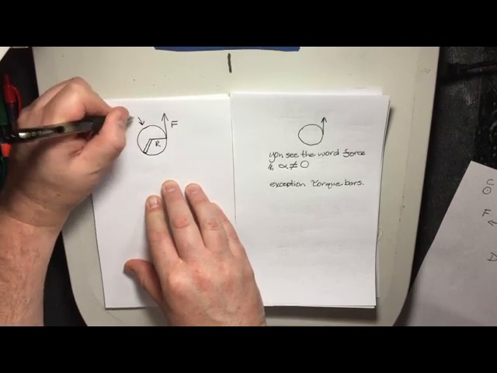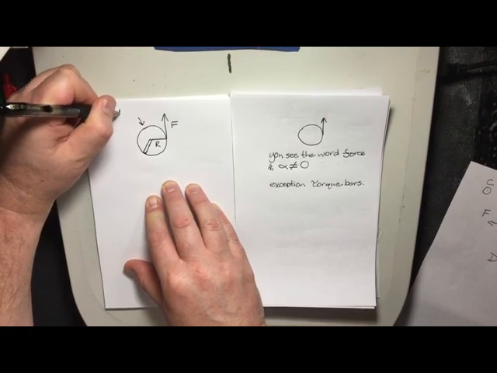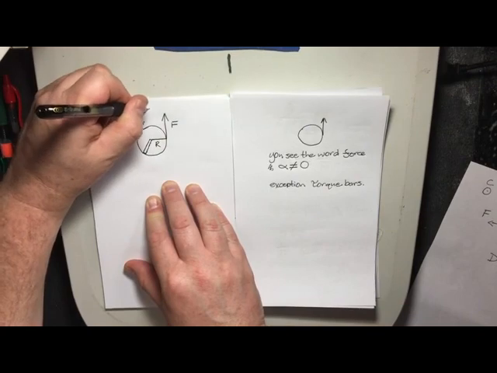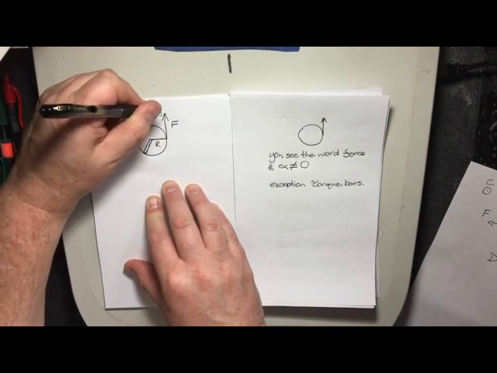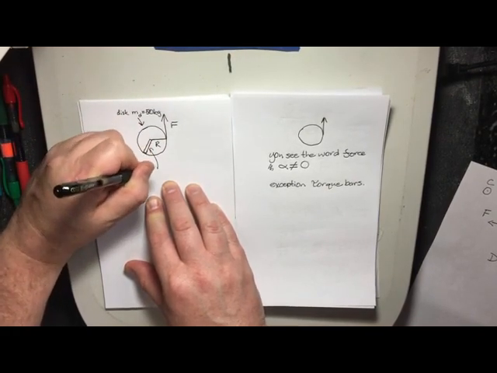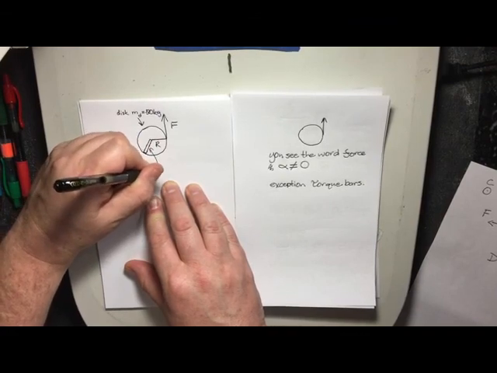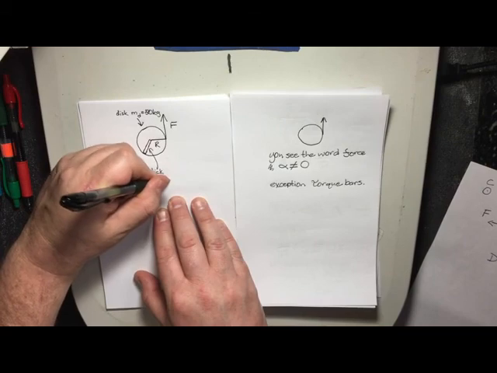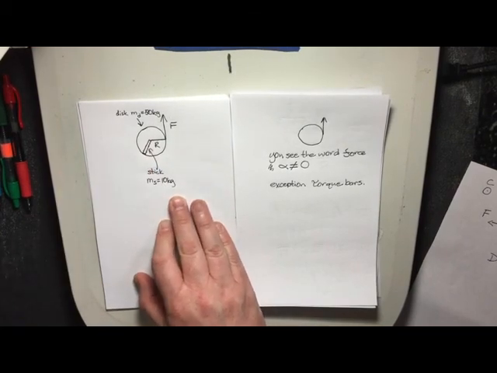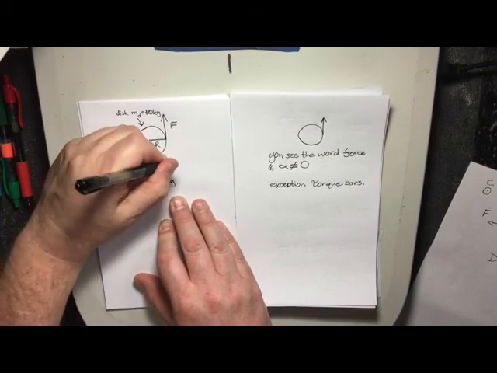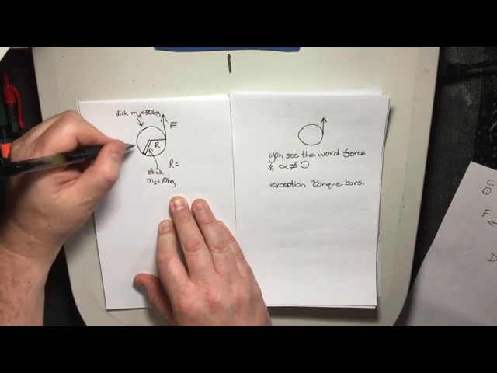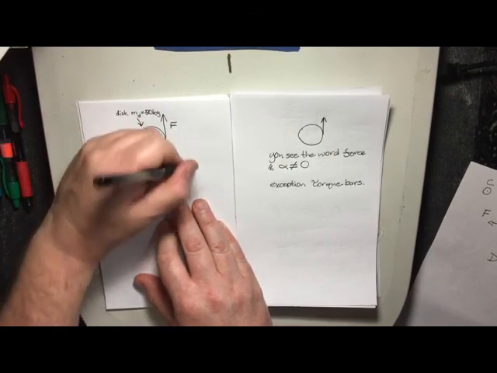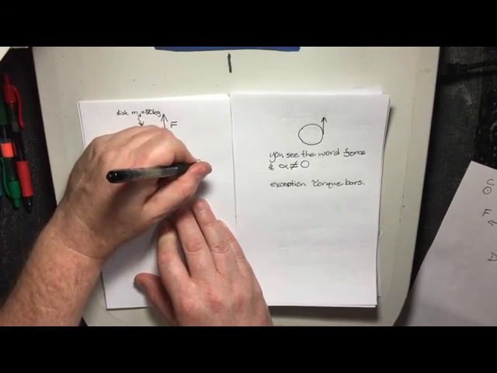This is a disc. The mass of the disc is 50 kilograms. This is a stick. The mass of the stick is 10 kilograms. The radius of the disc is the same as the length of the stick, which will be 2 meters.